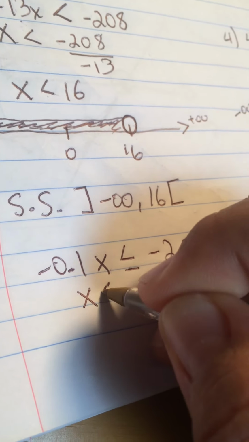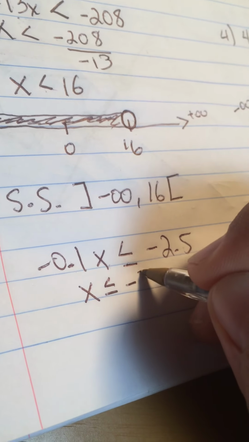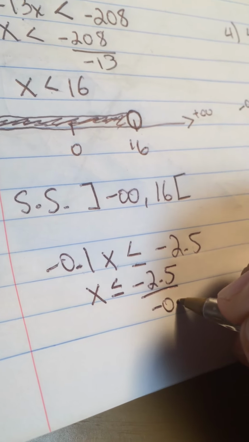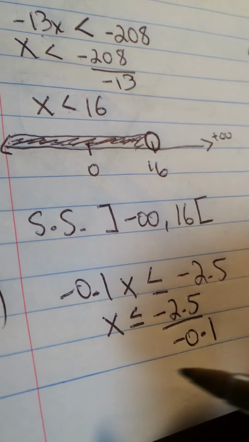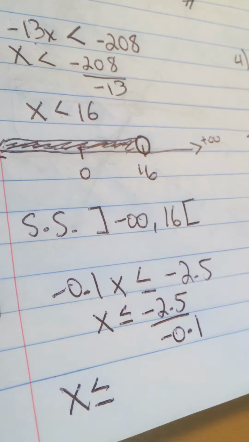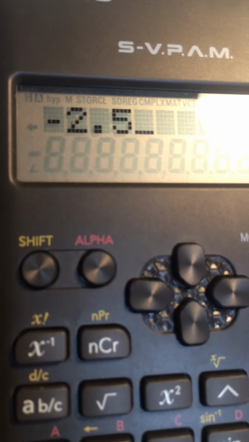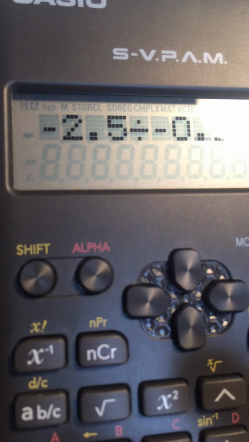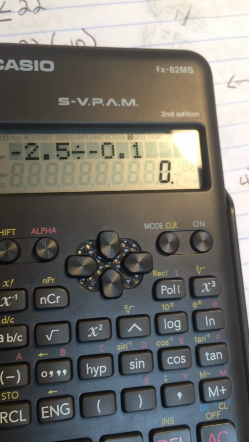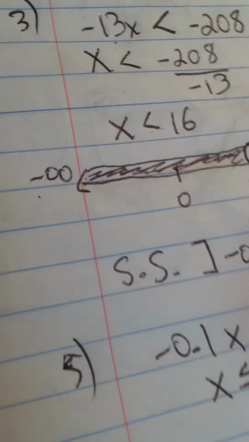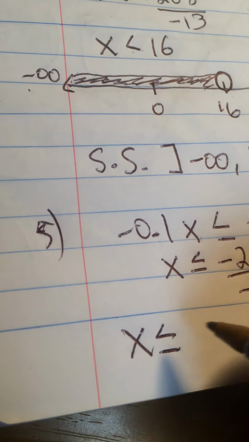So I have x less or equal than negative 2.5 divided by negative 0.1. Let's bring the calculator and put negative 2.5 divided by negative 0.1. And here we have 25.